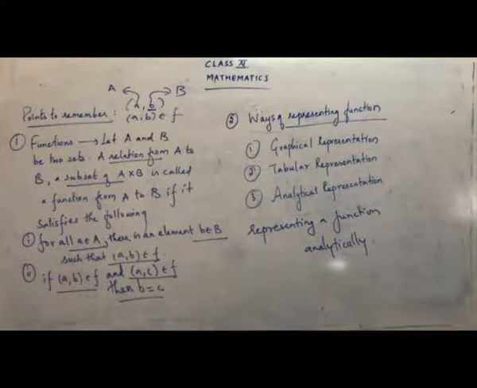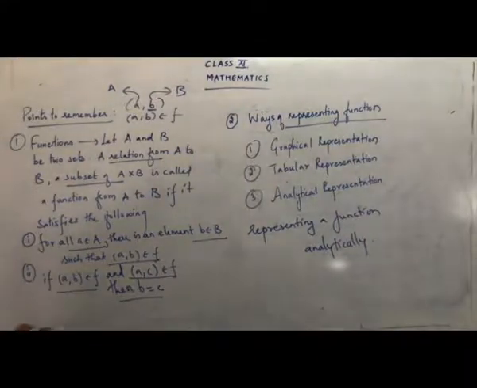You have some examples such as x cube plus 5. So you may have some terms with a power. You may have some trigonometric values. You may have a log value. You may have a square root. You may have some constants. So all the different things come under analytical representation.